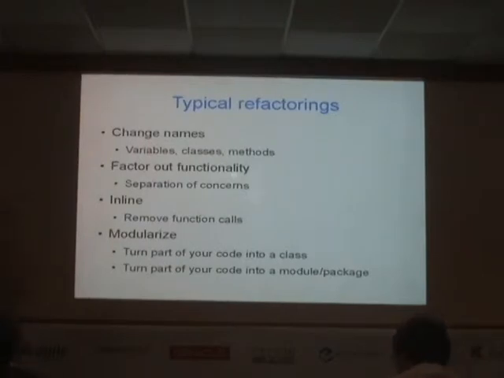So you can do an inlining. Another very common thing is that you've developed your code for quite some time, and it's become a fairly big mess. So what you need to do is to modularize your code. You may need to turn part of your code into a class, or part of the code into a module, a package, or something like that.